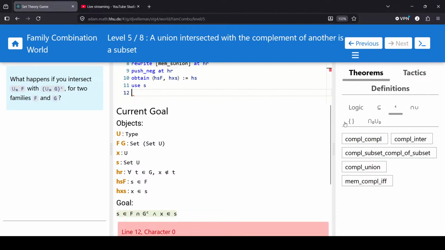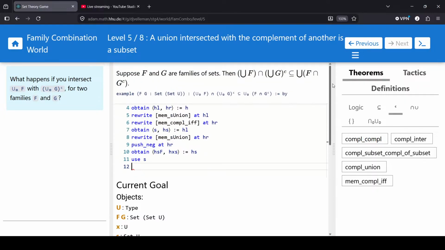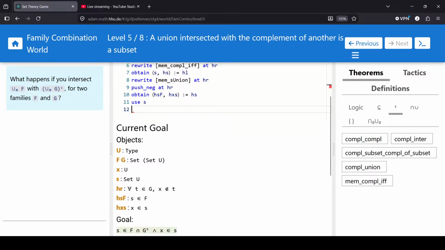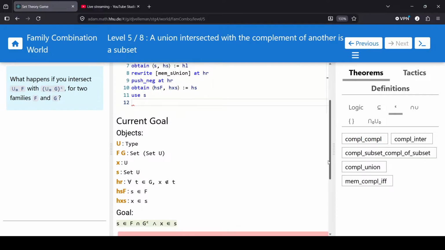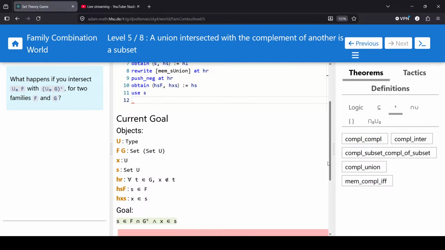So S is in F. I think I prove that S is in the intersection of F and G's complement, though.